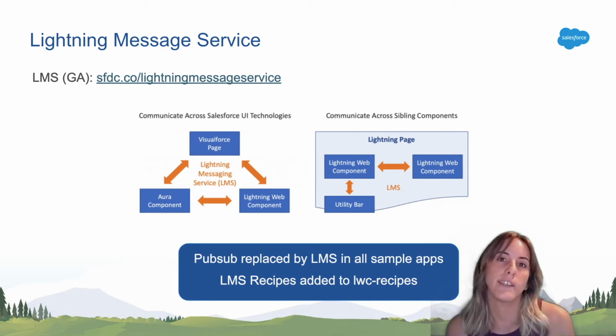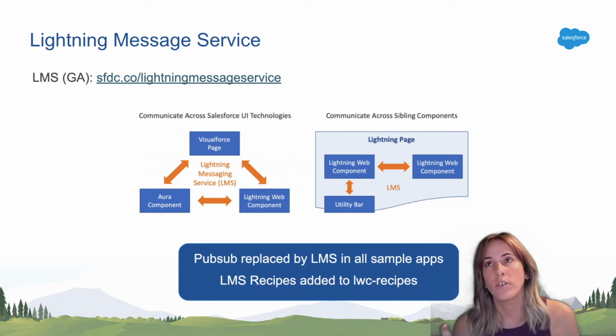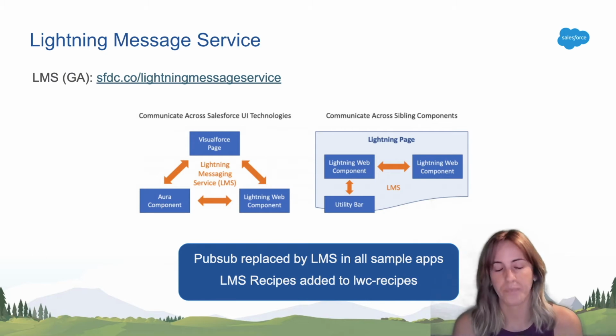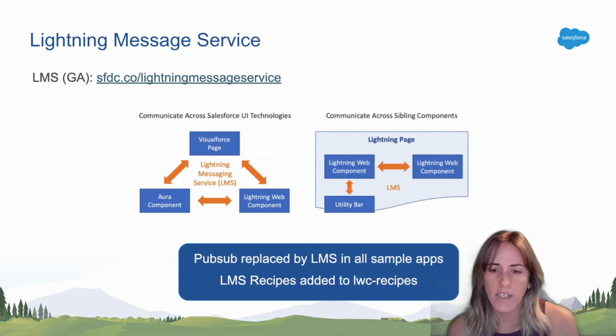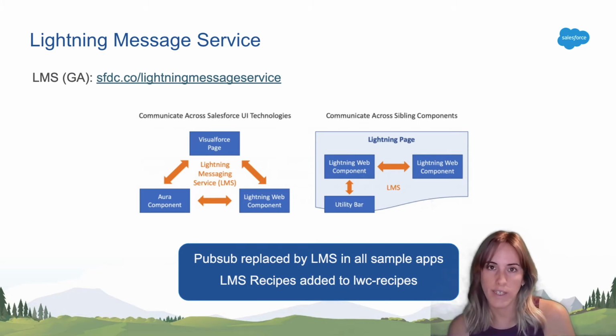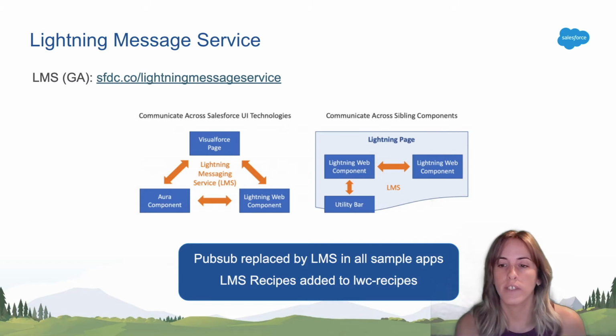We have done that in Greenhouse, on e-bikes as well, and in LWC recipes. Additionally, we have created some new recipes in LWC recipes to showcase how Lightning Message Service works.